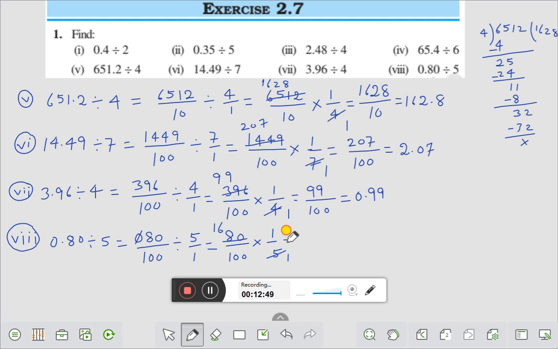This comes to 16 by 100, right? And you are dividing by 100, that means the point will be shifted towards the left side 2 places, 1 2, that is equal to 0.16.